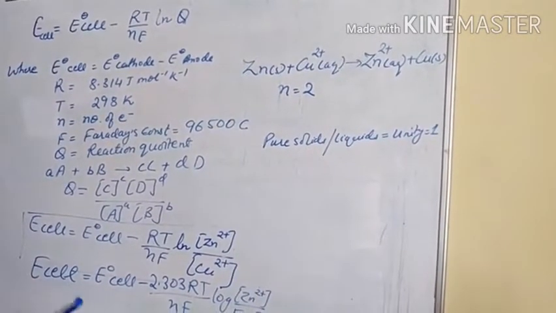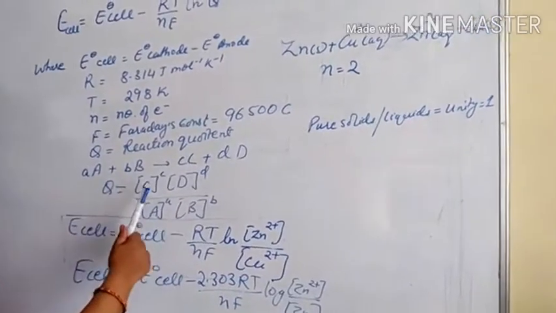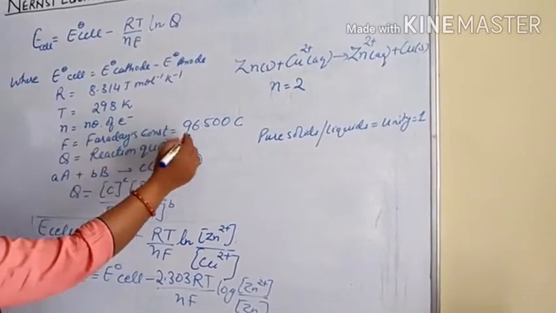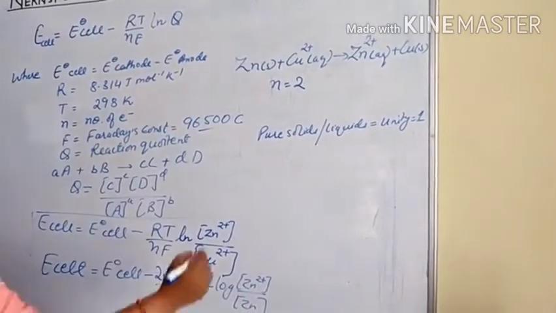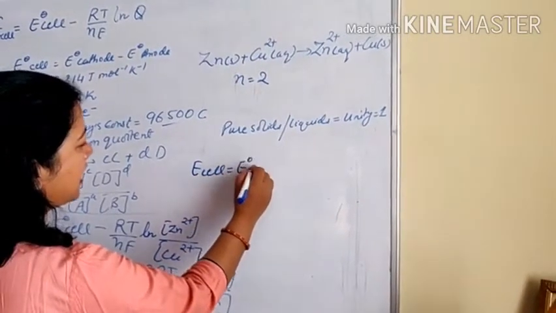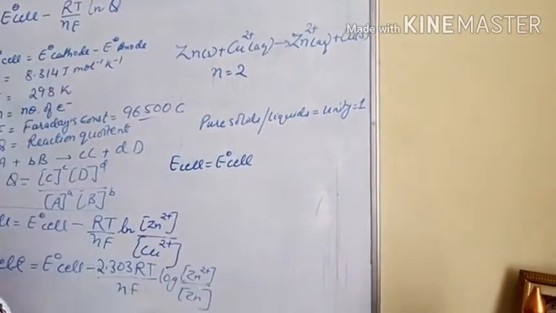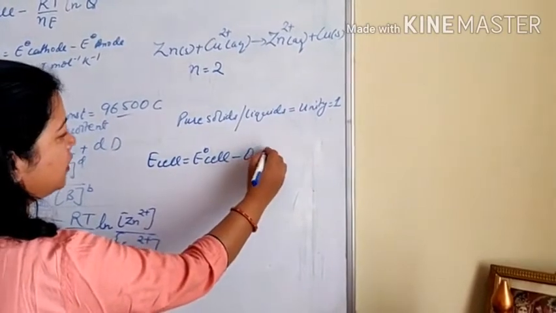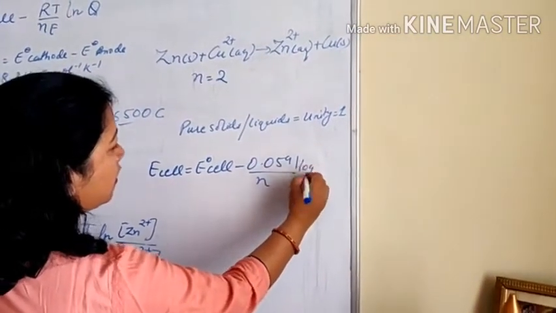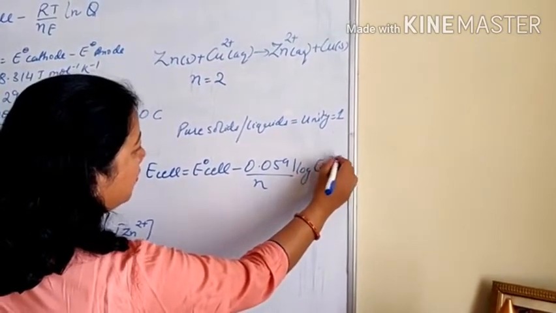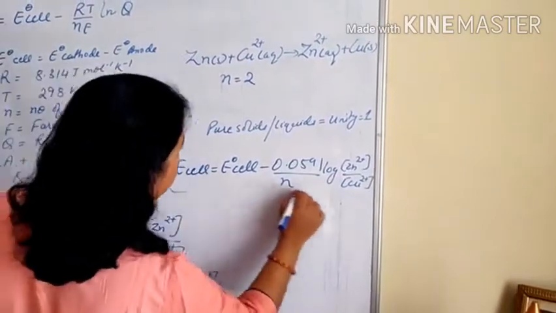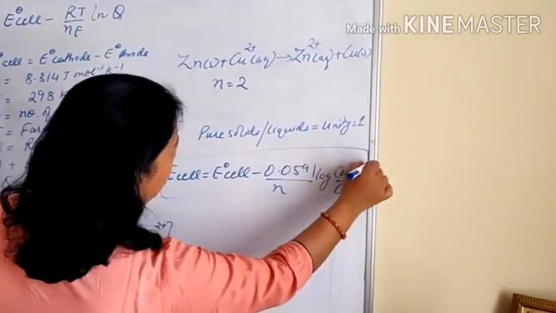Therefore the value of N is 2 and F can be replaced by 96500 coulombs, and therefore the Nernst equation can be further written as E cell is equal to E naught cell minus 0.0591 upon 2 log of zinc ion upon copper ion. This is how we can write the Nernst equation.